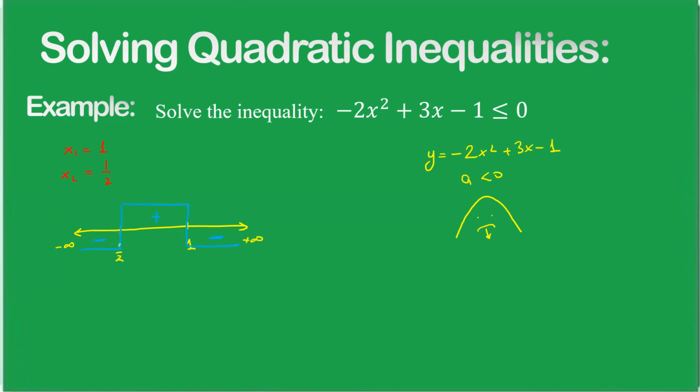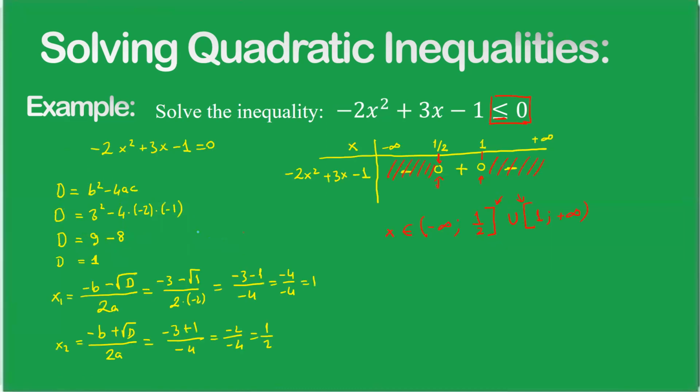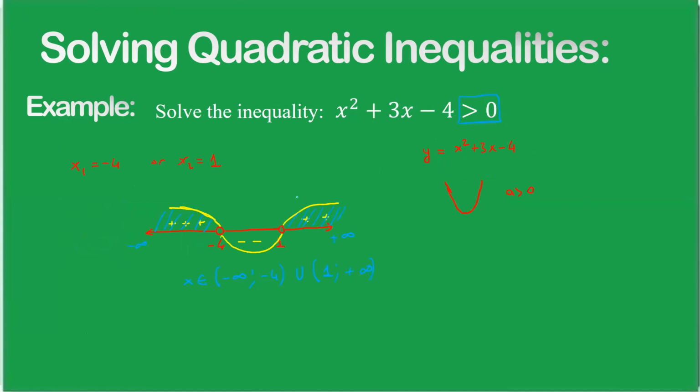Why did I use this shape, like a rectangle? Because we have less than or equal to. If we have less than or equal to or greater than or equal to, to write the solution set I'm going to use this shape. But if we have less than or greater than, I'm going to use these oval curves.